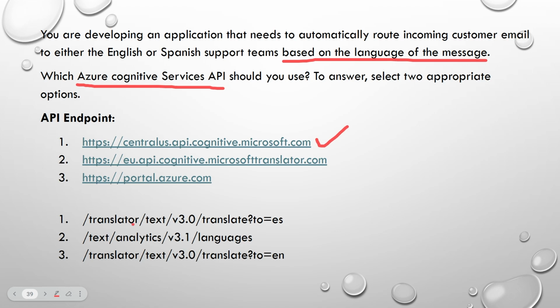So we don't need the translator service of Azure. We need the text analytics service of language. So we have to use this URL to detect the language of the incoming email. The correct answer is text/analytics/v3.1/languages. Here the version is 3.1, but at the time of recording there are newer versions available for text analytics. So those are the correct options.